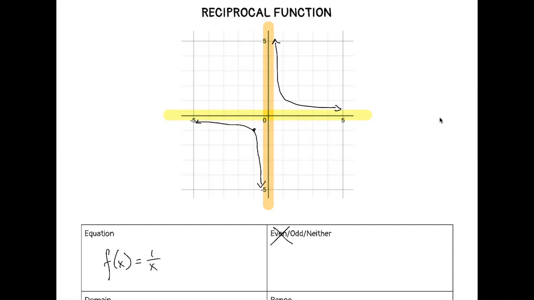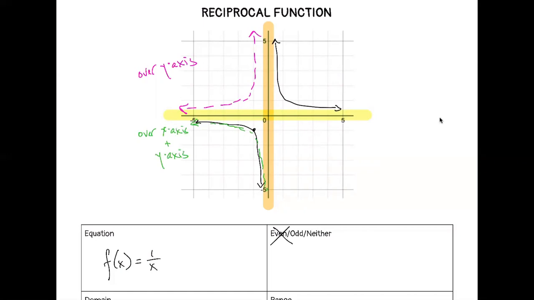And so if I reflected one branch over the y-axis, I would get one kind of like this. Okay, so this is over the y-axis. And then if I reflect it one more time across the x-axis, it actually matches with the original function that I had there. So that second one is over the x-axis and the y-axis.